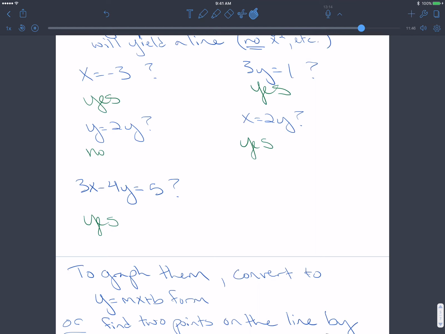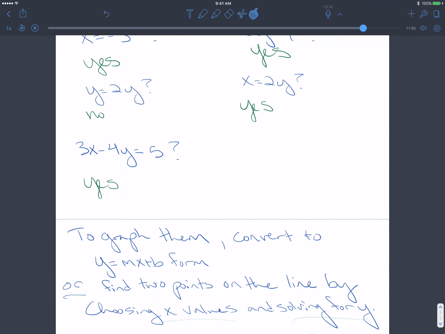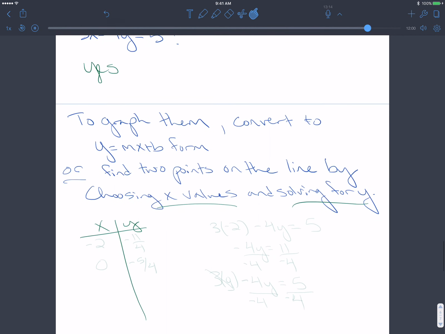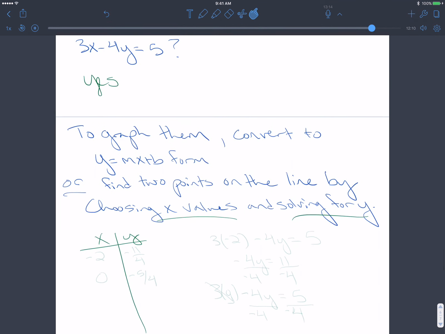The alternative to that, which we'll delve into a little more deeply, is finding 2 points on the line by choosing x values and solving for the y values that correspond to those x values. So that's building your table, x, y. For this last one, the 3x minus 4y equals 5, I can solve for y, or I could just pick x values.